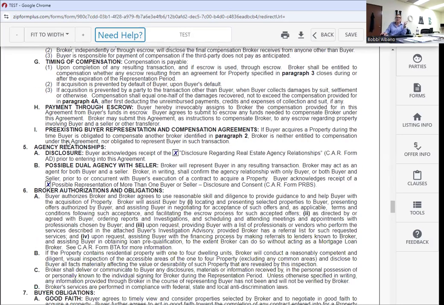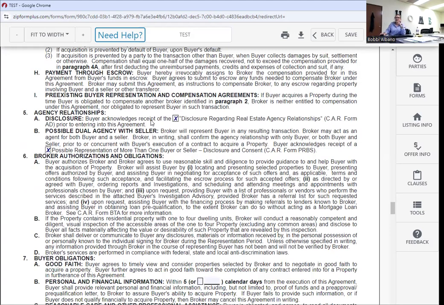So there's nothing really different about that. Payment through escrow. Buyer hereby irrevocably assigns to broker the compensation provided for in this agreement from buyer's funds in escrow. So this is just letting the buyer know that these funds will be paid through escrow, and by signing this agreement, the buyer's already agreed to that happening.